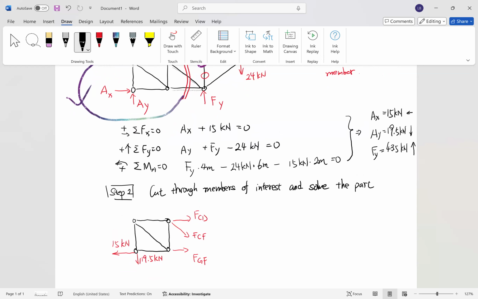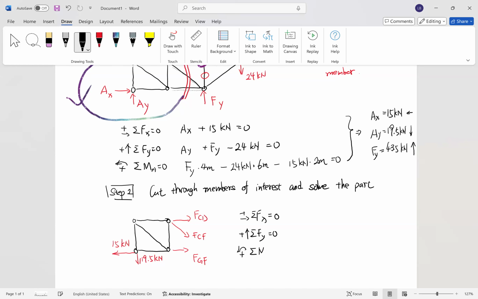Now for this part of the structure, we need to establish the equations of equilibrium. And how many equations of equilibrium are available? Similarly to the entire structure, now it is a rigid body model, right? So we have summation of forces along x direction equals 0, summation of forces along y direction equals 0, and summation of moment about a point.